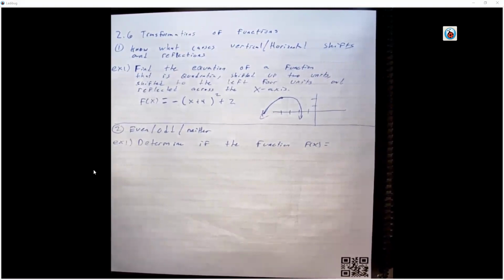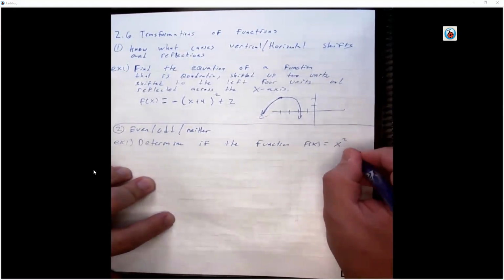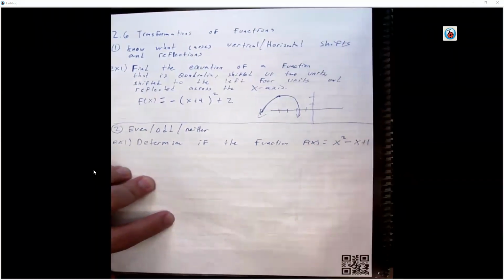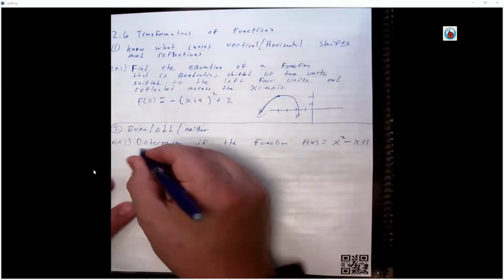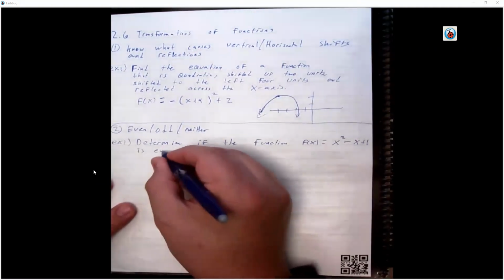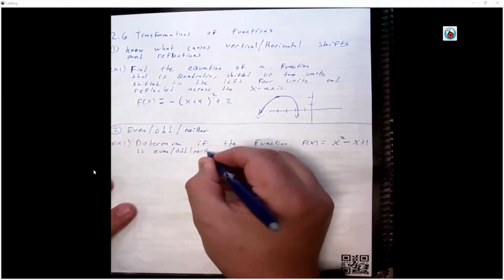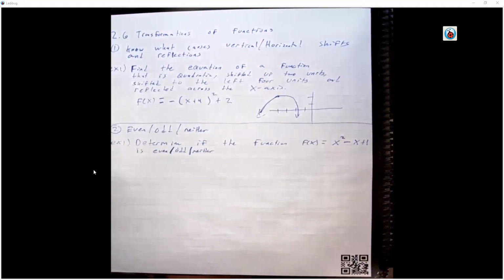Where is that? Maybe that's to make one up. Determine if this function is even, odd, neither. So pick one, and we're going to show it by plugging in negative x. Okay.